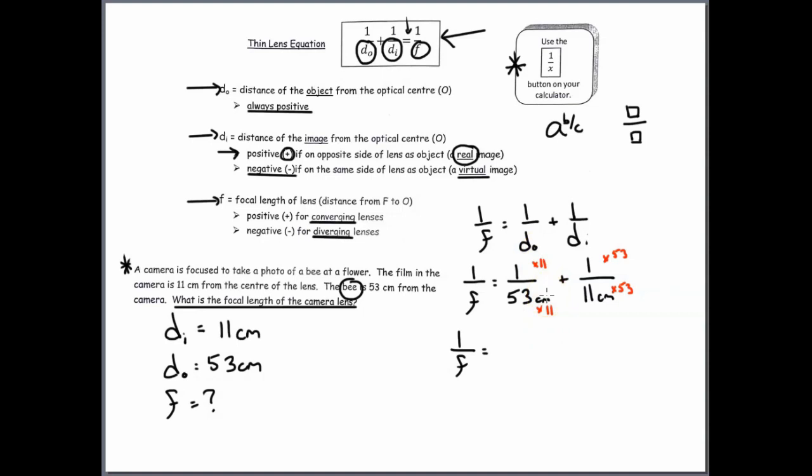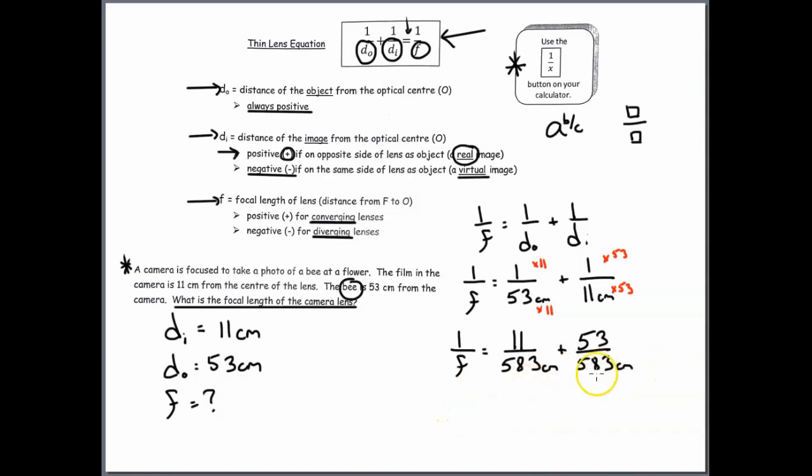So we're not changing anything, but we're going to create a common denominator by doing this. Because 53 times 11 is 583. So our first fraction will have a denominator of 583. And the second fraction will have a denominator of 583. Our numerators are 1 times 11, so that's 11, and the other one is 1 times 53, so that's 53. And we still have our centimeters here. Always keep your units.